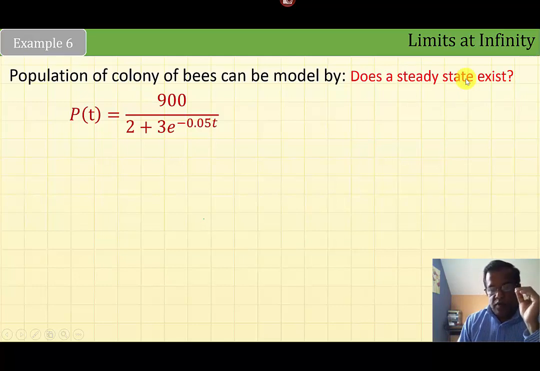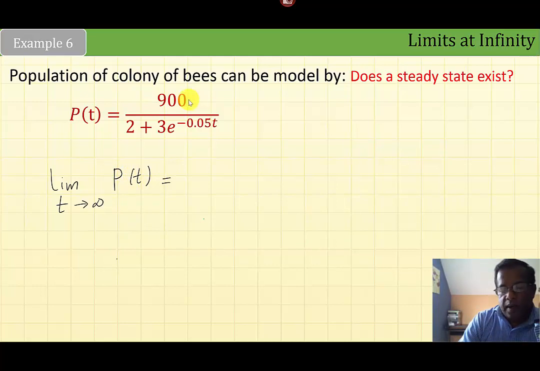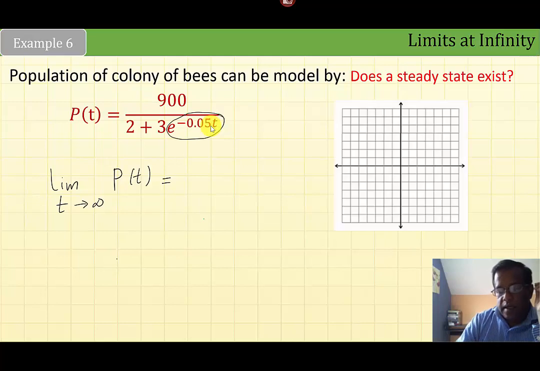So that means we need to find the limit of this as t goes to infinity, the limit as t goes to infinity of p of t. What you see in this formula is that this is the only part that varies when t varies. Everything else is a constant. And this is an exponentially decreasing function.